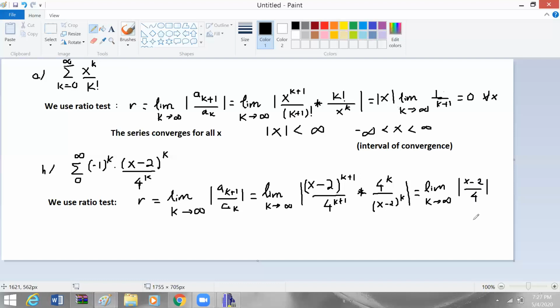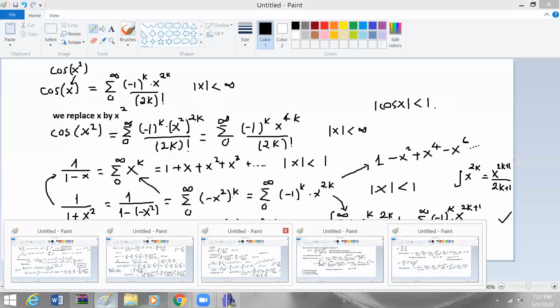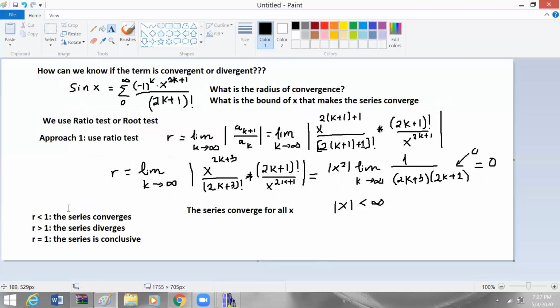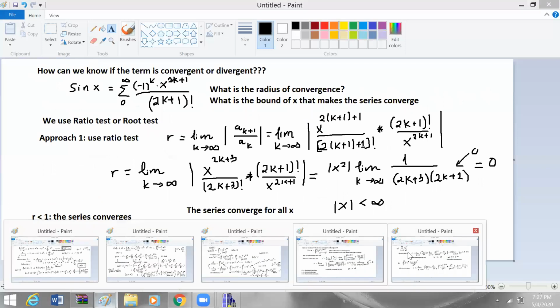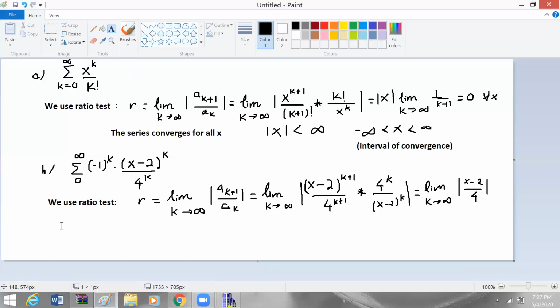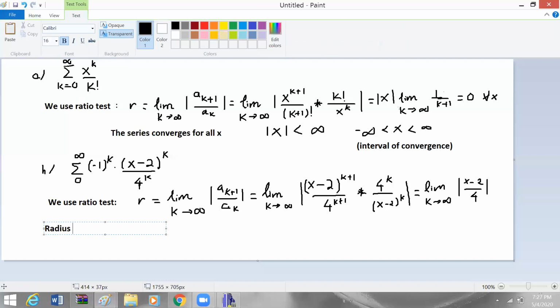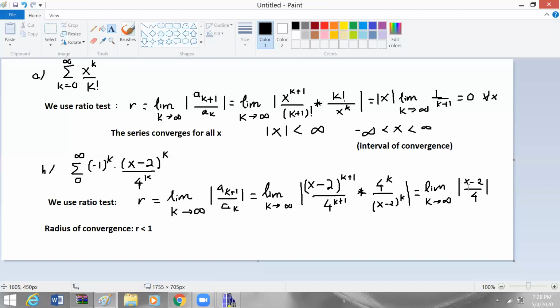Okay, so how do you know if the series is going to converge? So we're going to go to the limit. The series converges when R is less than 1. So we want to find the radius of convergence. We need to make sure that the R is less than 1, correct? So the R that we found will be the limit of absolute value of x minus 2 over 4.